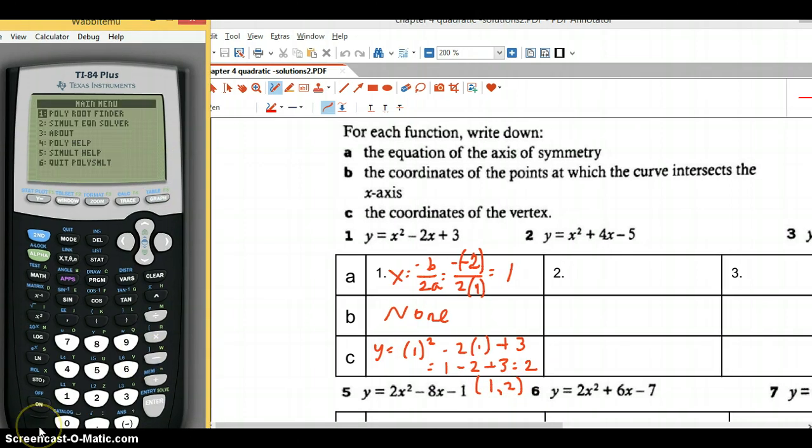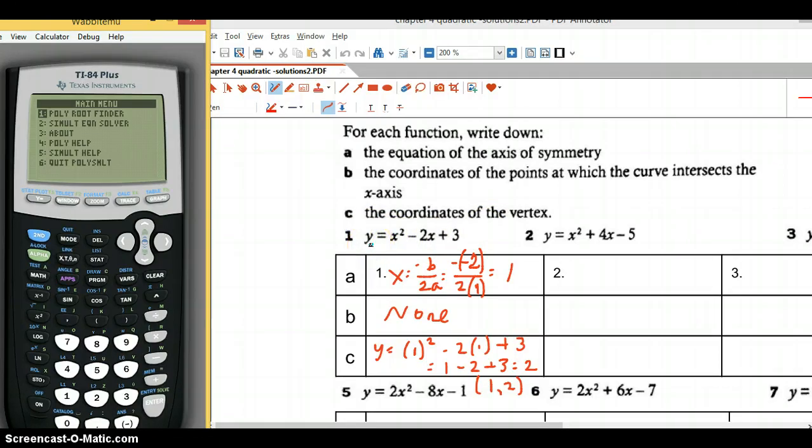I'm just going to show you one other way that you can find where this function crosses the x-axis. If you want to find out where this crosses the x-axis, this is the same thing as finding when y is going to be 0, right? Because when you're on the x-axis, that means y is 0. So what x's do you put in here to make y equal to 0?